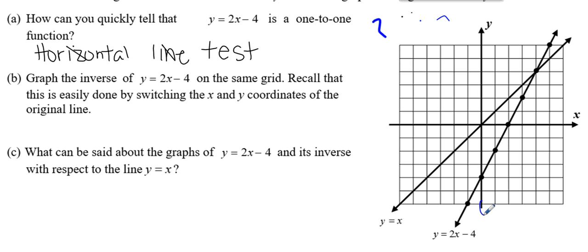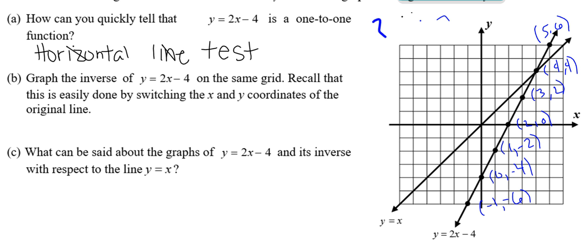I have negative 1, negative 6; 0, negative 4; 1, negative 2; 2, 0; 3, 2; 4, 4; and then 5, 6.